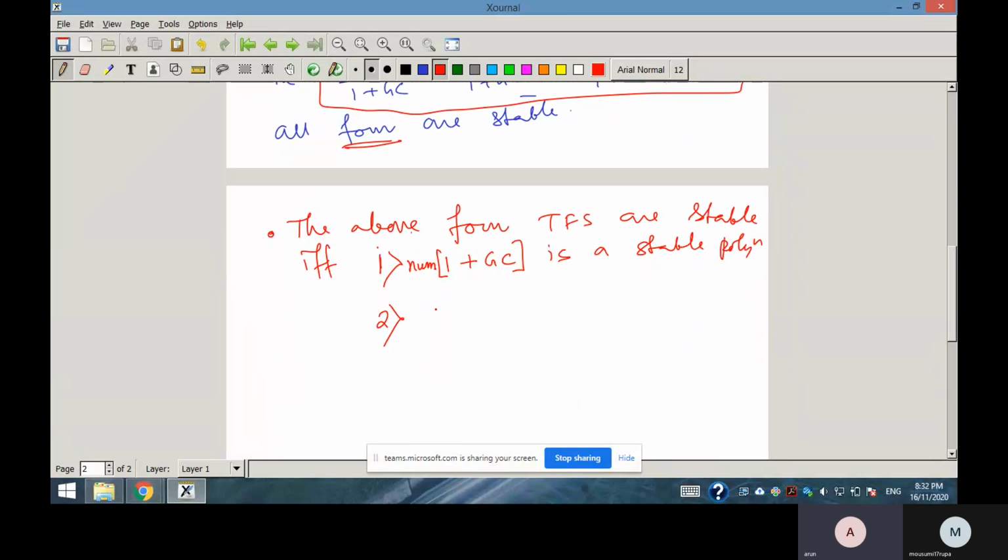Then what else is required? There should be no unstable pole-zero cancellation in the product GC. Unstable means real of s greater than or equal to 0.